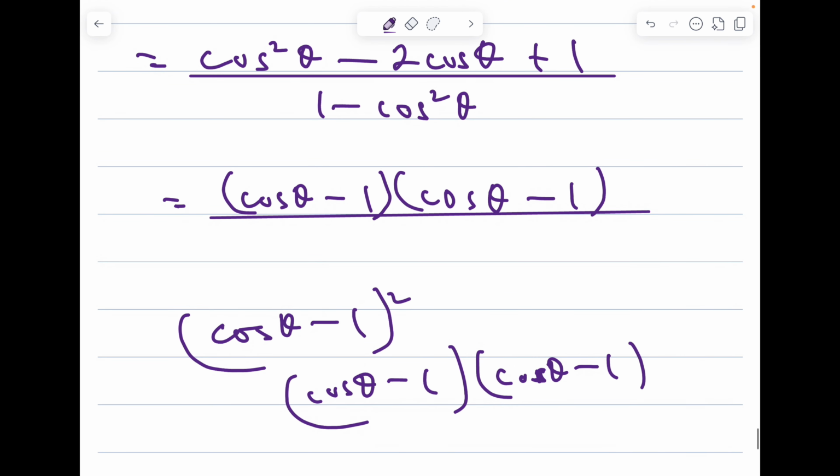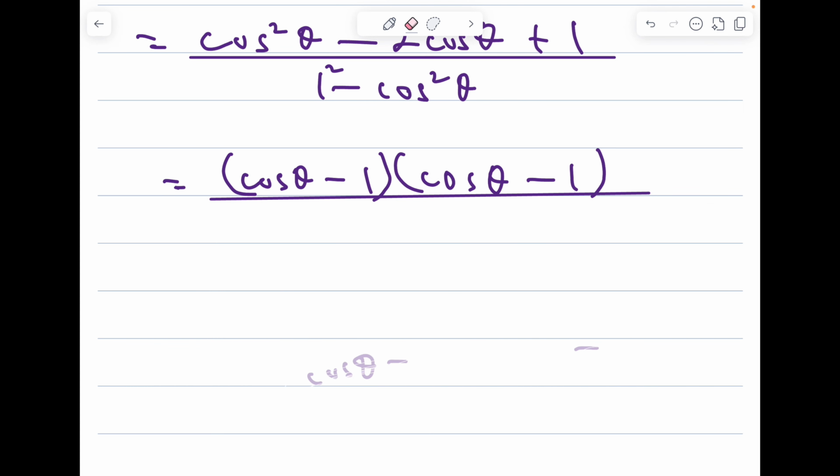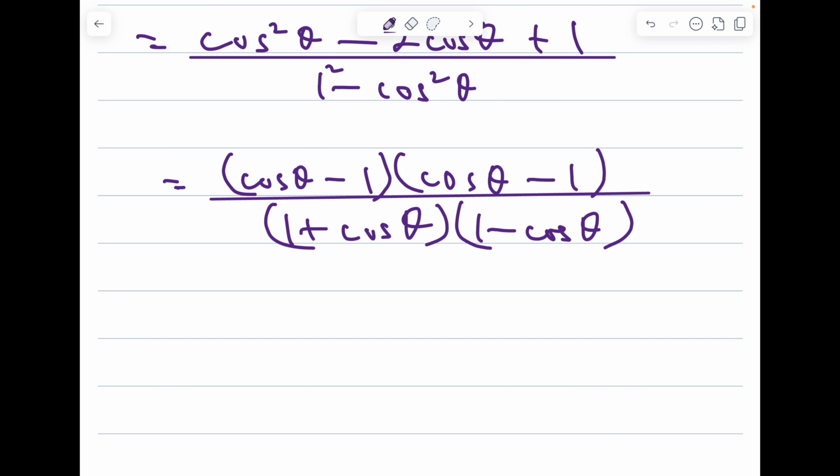While the denominator, 1 minus cos squared theta, is the same as 1 squared minus cos squared theta, which means it is a difference of two squares, and that will be 1 plus cos theta times 1 minus cos theta.